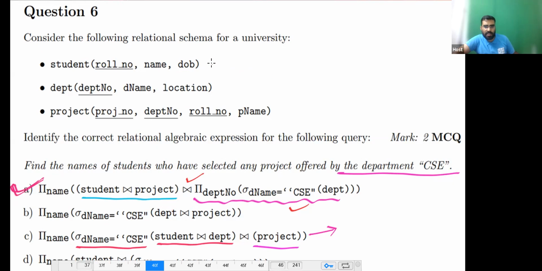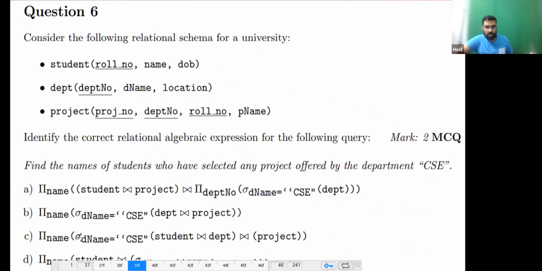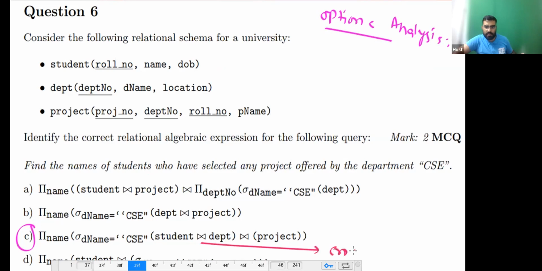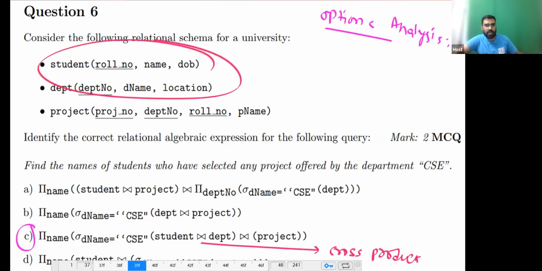If you look at the option C analysis, first you are doing the cross product. This is basically the same as a cross product because there is nothing common. In these two tables, there is no attribute with the same name. So this is basically a cross product.